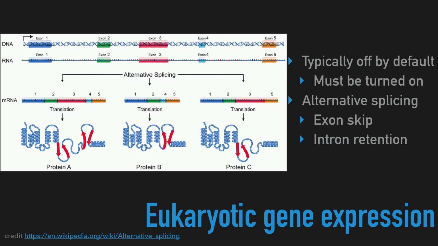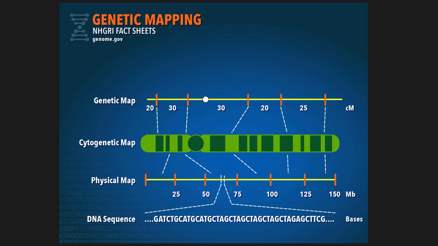even include introns. When we think about the distance across genomes, particularly linear chromosomes, we can really think about them being measured in 2 ways. Physically, how many base pairs are between this point and this point? 1,000, 10,000, 1,000,000, 1,000,000,000.